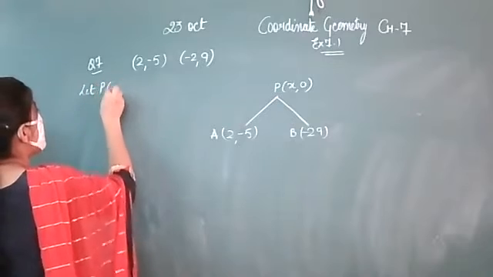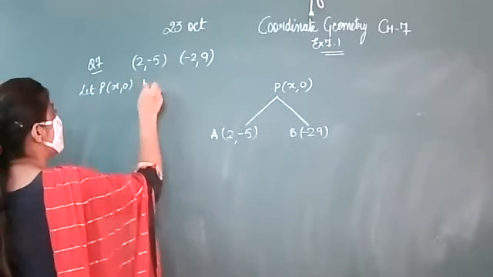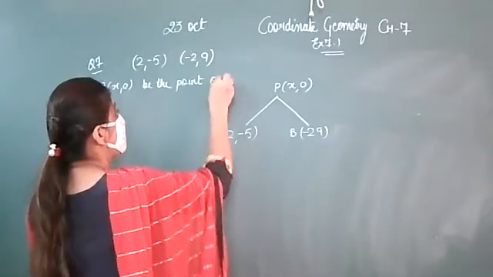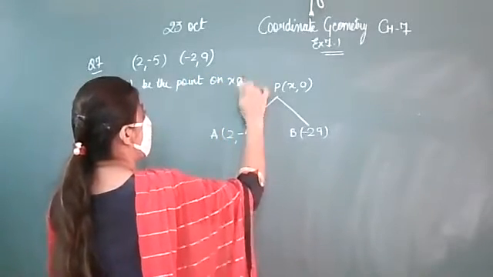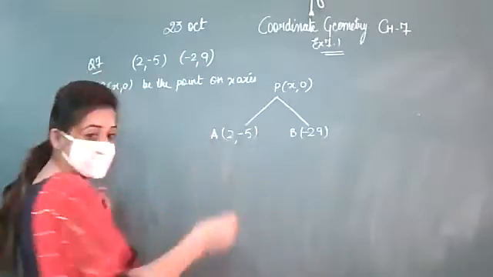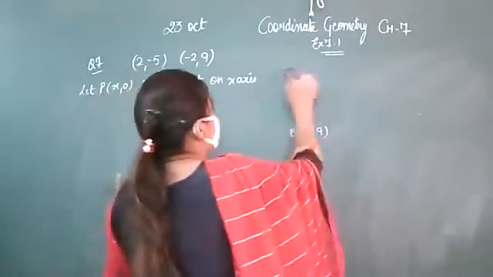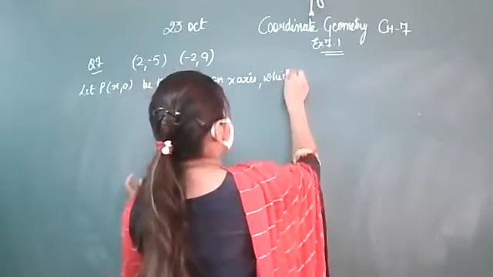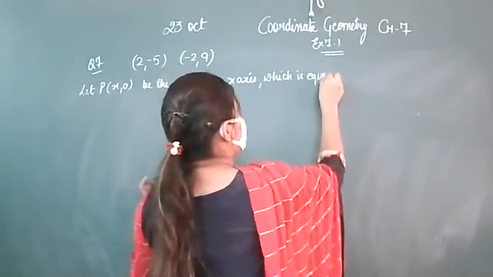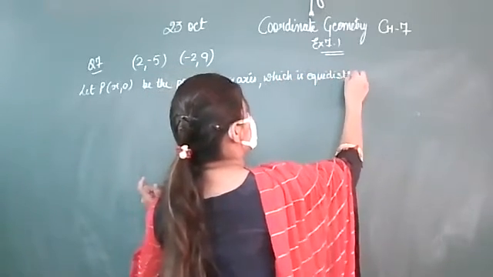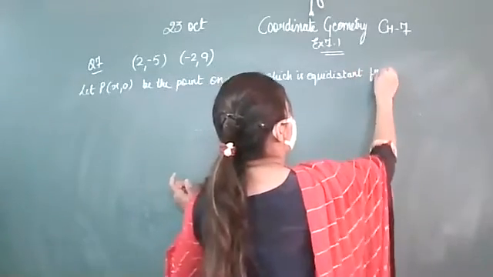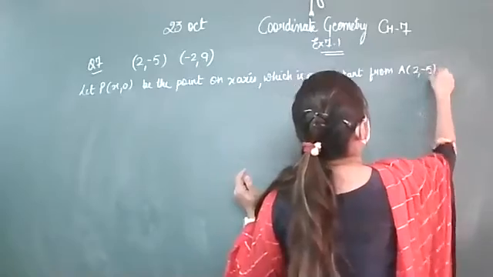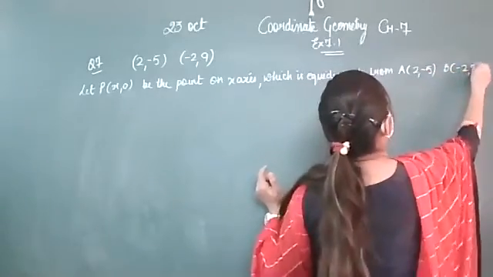So let P(x, 0) be the point on x-axis which is equidistant from A(-2, -5) and B(-2, 9).